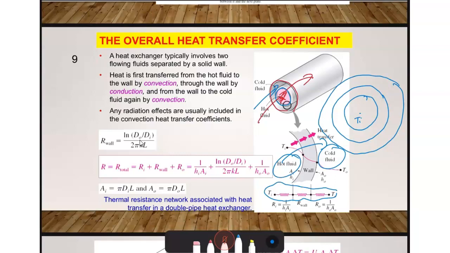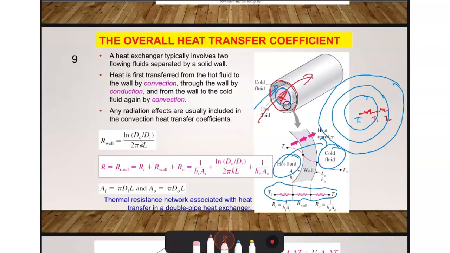So here, from the middle temperature, we have a resistance towards the inner wall, maybe T1. And then we have another resistance towards T2.